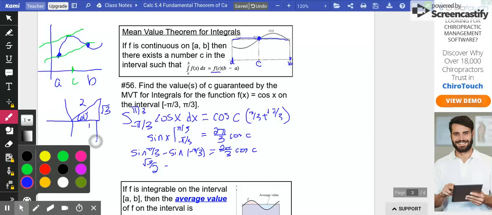Negative pi over 3 is going to be the same value, except we're in the quadrant where all students take classes, so it's going to be negative square root of 3 over 2. If we add that, root 3 over 2 plus root 3 over 2 is just 2 root 3 over 2, otherwise known as root 3.